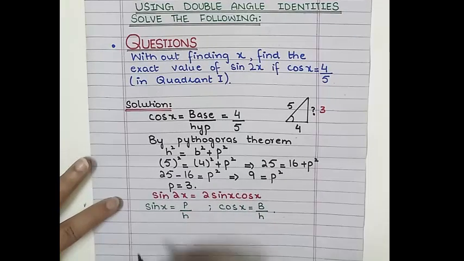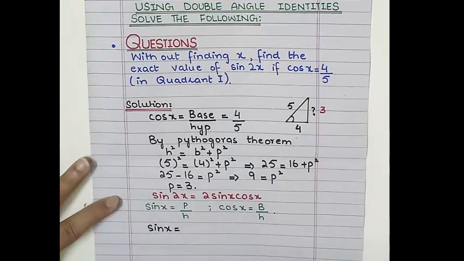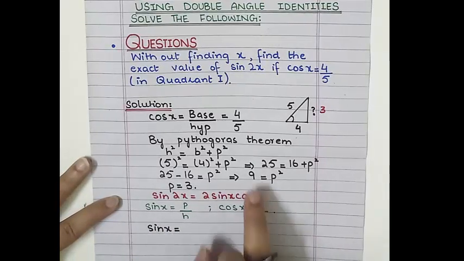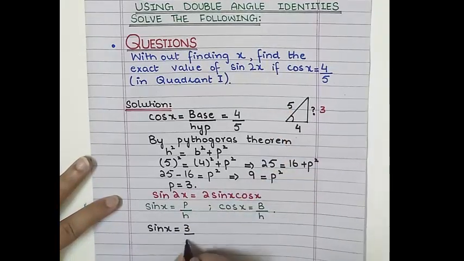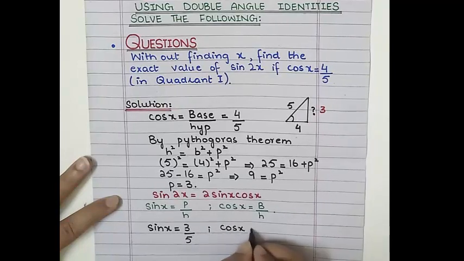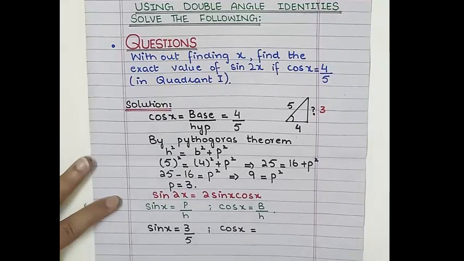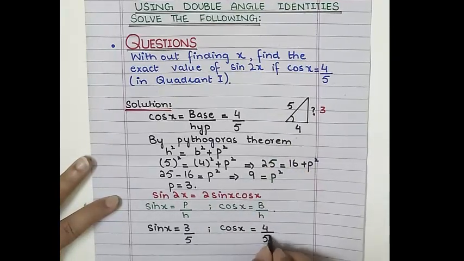So from here we have sine of x is equal to the value of perpendicular, 3, over the value of hypotenuse, 5. Cos of x is equal to the value of base, 4, over the value of hypotenuse, 5.